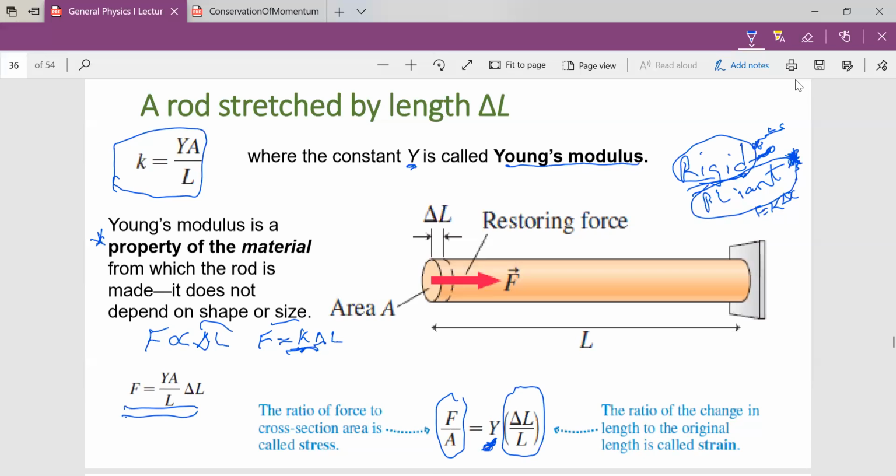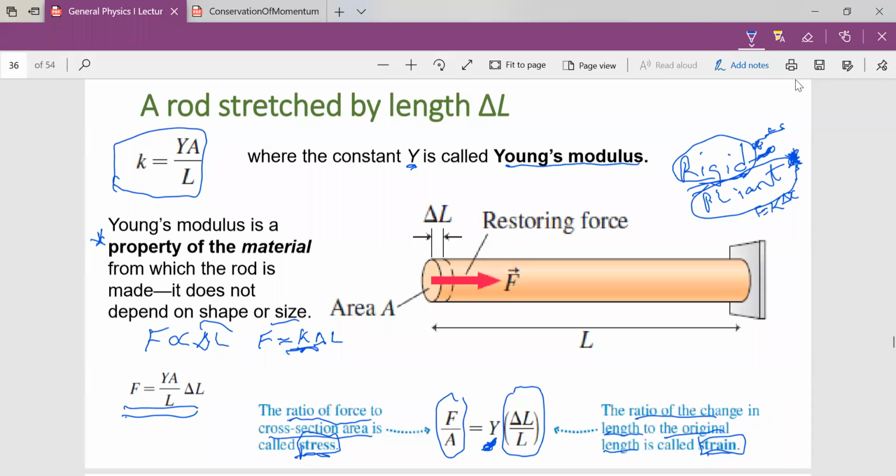Now, rearranging this equation, we can see a ratio here and a ratio here, and the Young modulus serving like the K. So we can actually say that the ratio of force to cross-sectional area, F over A, which we call stress, is proportional to the ratio of the change in length to the original length, which we call strain.